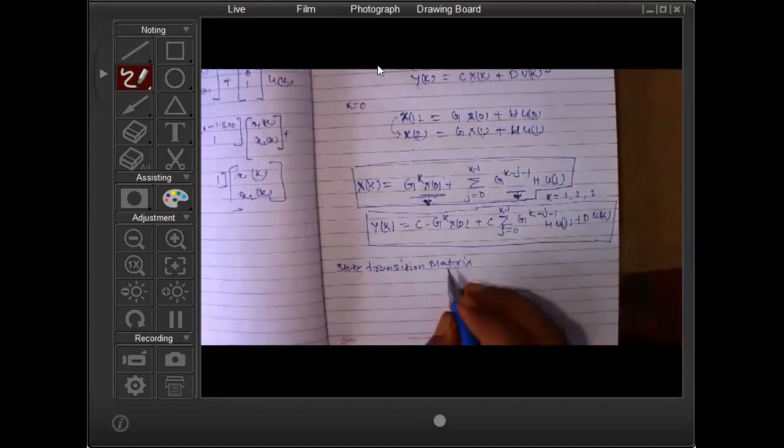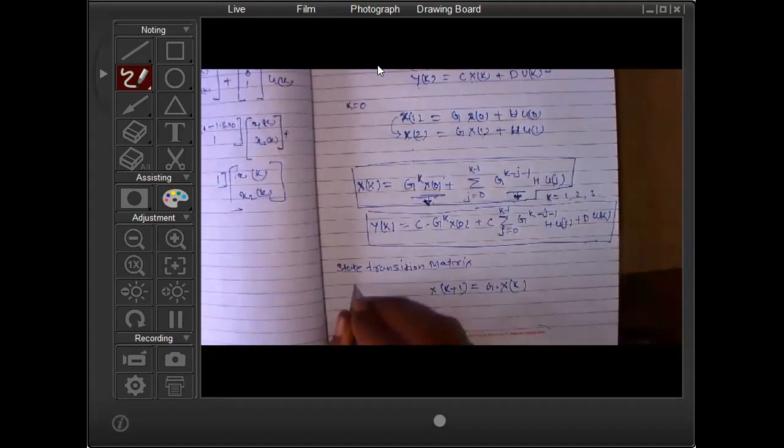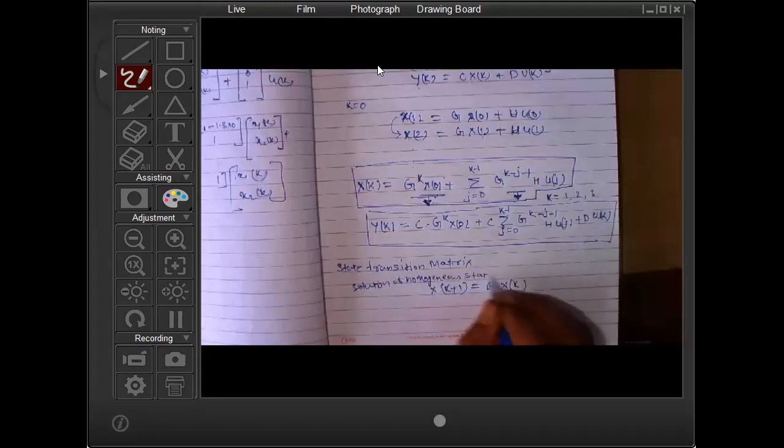Now, what do you mean by state transition matrix? Definition of state transition matrix. You know, in the solution of the homogeneous equation, x(k+1) equals G xk, the solution of the homogeneous state equation becomes xk equals phi k into x0.